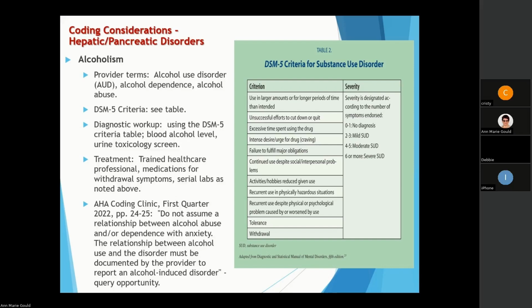So we don't have to worry about sending queries like we did way back when Christy and I started years ago. That's something the Coding Clinic and the coding rules updated for us. I think they did that back in 2017 or 2018. They just automatically linked them for us, so we don't have to bother the provider on little stuff like that.